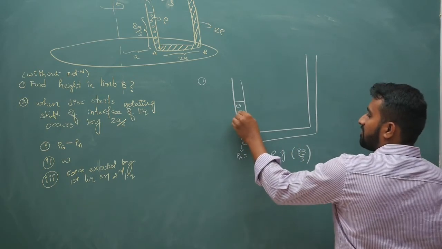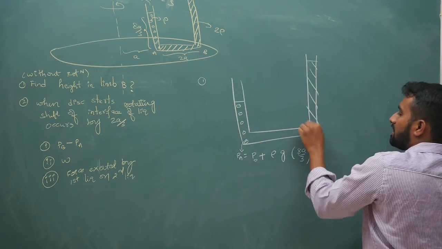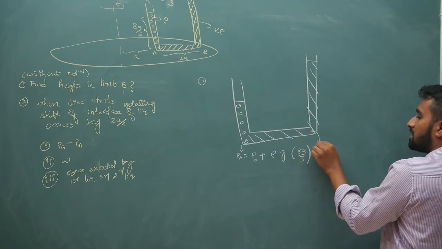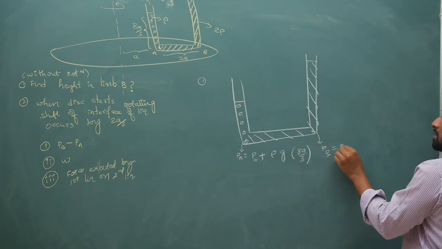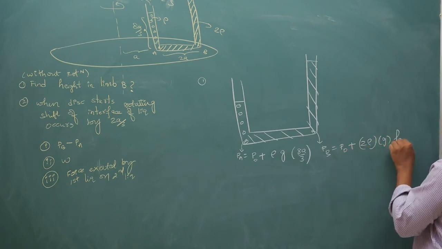Okay, because of first type of liquid. Now because of second liquid, at same height you will have same pressure, right? So at this point, pressure at B is P naught plus liquid density 2 rho into g into height in B.